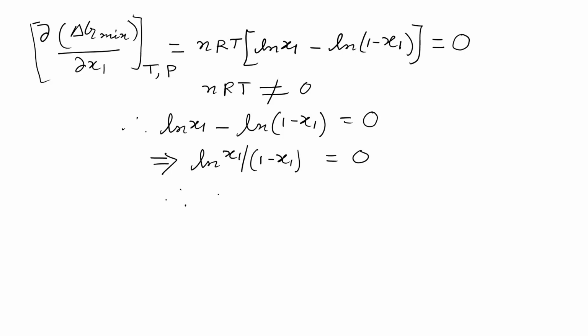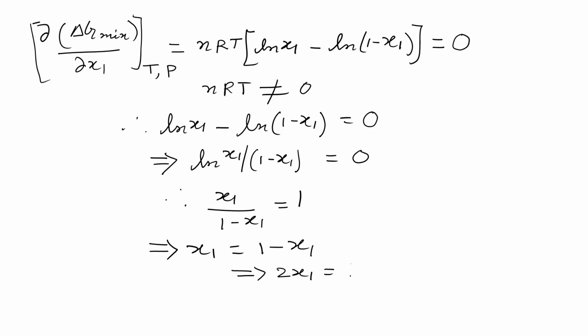So therefore x1 divided by 1 minus x1 is equal to 1. Okay. So here it is, x1 is equal to 1 minus x1. So here 2x1 is equal to 1. So x1 is equal to 1 by 2, half.